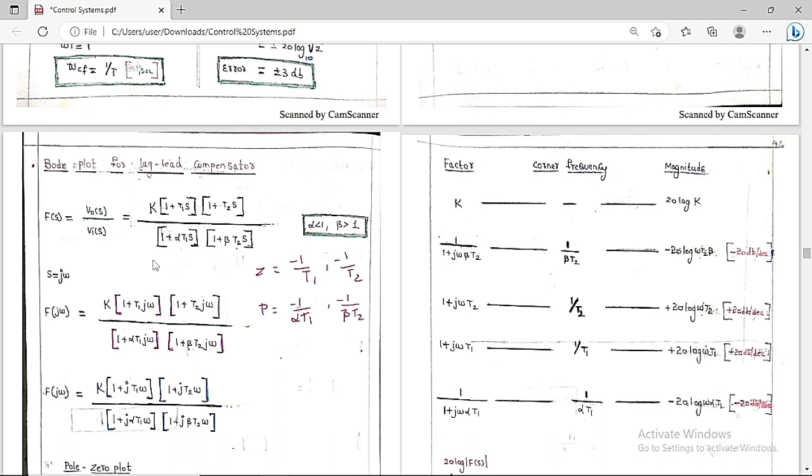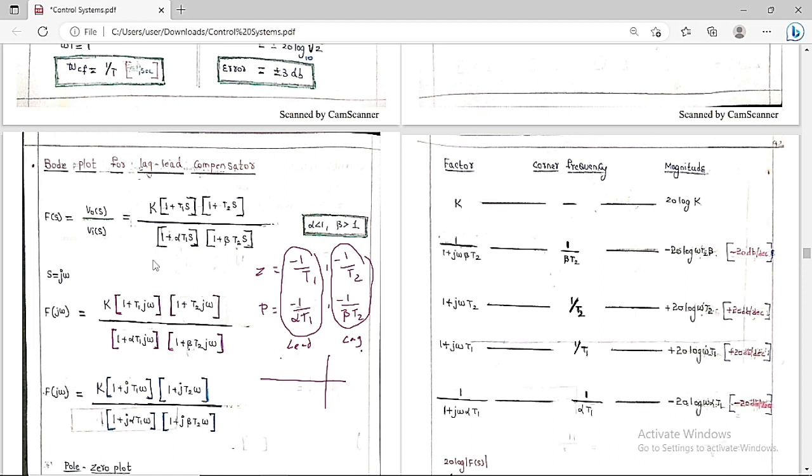These are the lead compensator zero and pole, and these are the lag compensator zero and pole. If you plot on the s-plane, first you have to draw the lag compensator and then the lead compensator. For the lag compensator, the zero is minus 1 by T2 and the pole is minus 1 by beta T2.